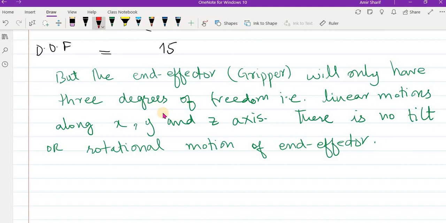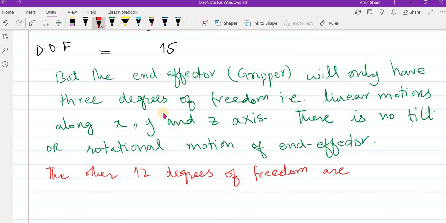If you subtract 3 from 15, the other 12 degrees of freedom are called the internal degrees of freedom.